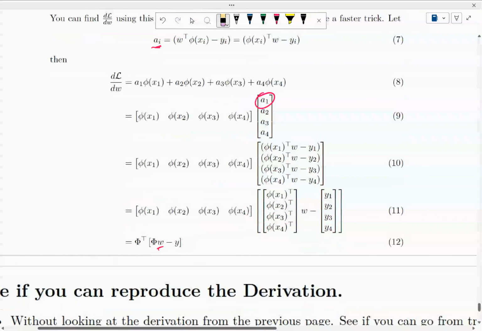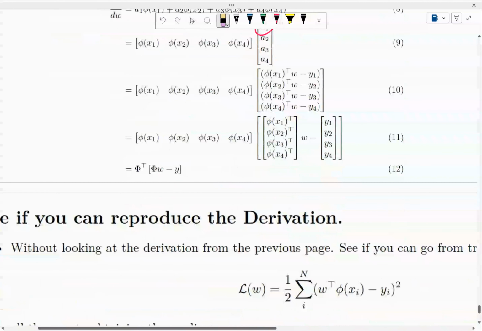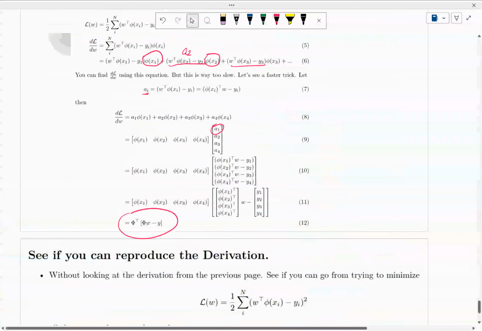Now, this is easy because this is just a bunch of matrix multiplication. You have w times phi, that's a matrix, subtract y, that's a vector subtraction, and multiply by phi transpose. So this is identical to this right here.